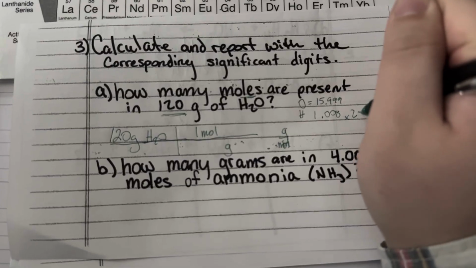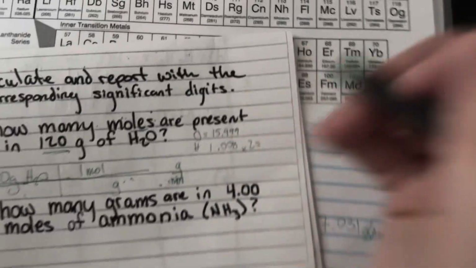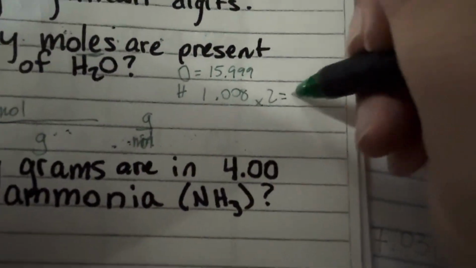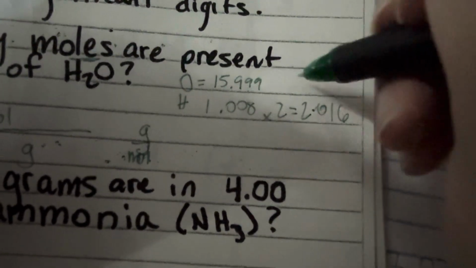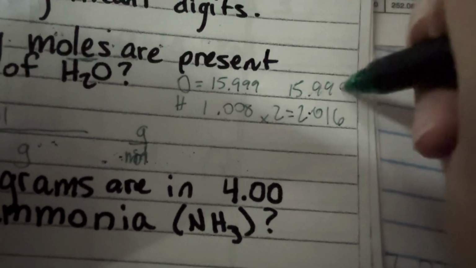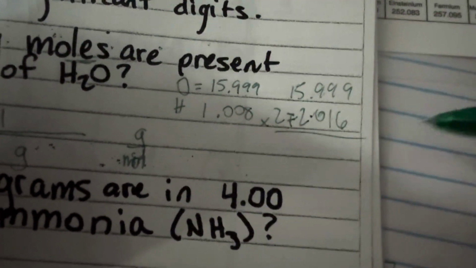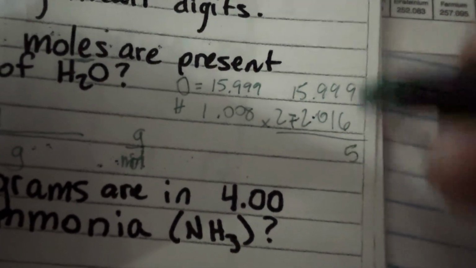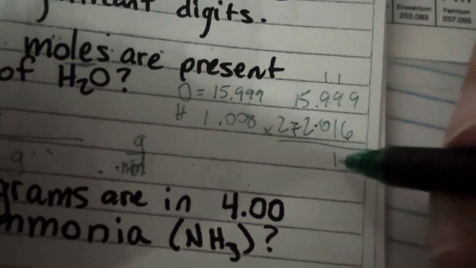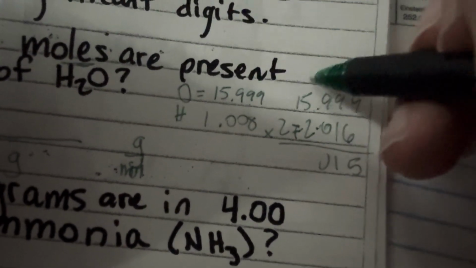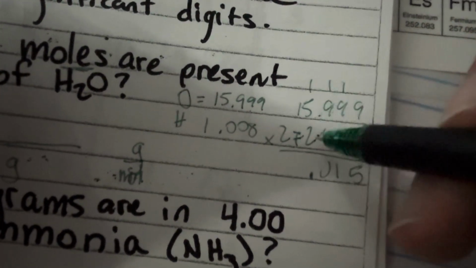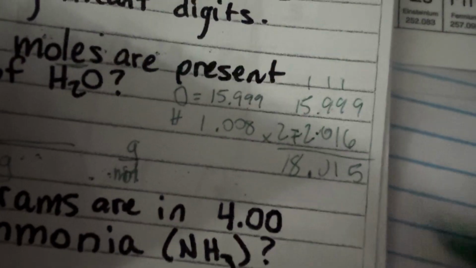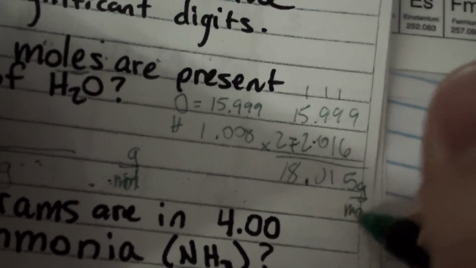We know there's 2 hydrogens, so that equals 2.016, and 15.999, which means when we add them, we end up with 18.015 grams per mole.